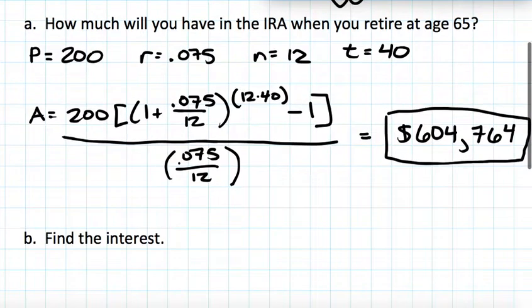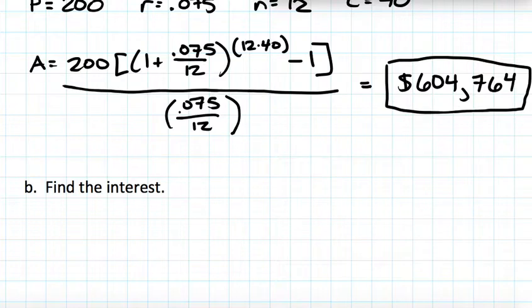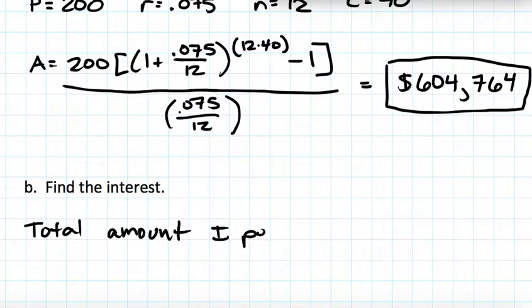Part B says to find the interest. Now, part of the $604,000 is interest, and part of it is the money that I was putting in, that $200 every month that I was putting in for 40 years. So to calculate what of that is interest, what I'm going to do is first calculate how much I put in. So the total amount that I put in myself was $200 a month times 12 months in a year times 40 years.